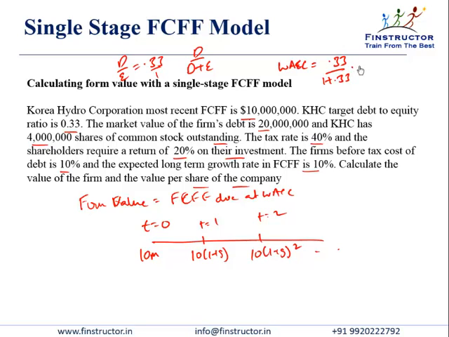So it will be into 0.1 into 0.6, plus the weight of equity, that will be 1 upon 1.33, into the cost of equity of 0.2, that is 20%. So that comes out to be 16.52%.